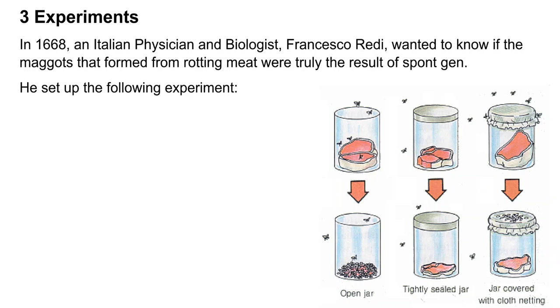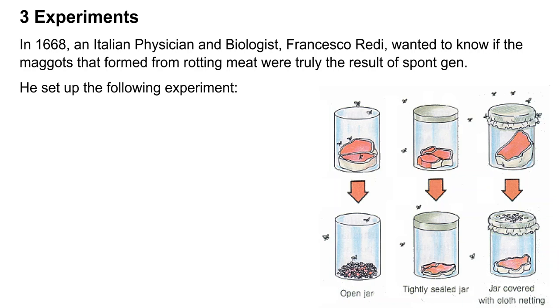So in our simplified version of Redi's experiment, we put meat in 3 different jars or beakers, and then we covered them with 3 different things. Now, as long as the meat was fresh when we first put it in the jars, and hadn't started rotting yet, then it wouldn't have come into contact with anything else that was necessarily living.